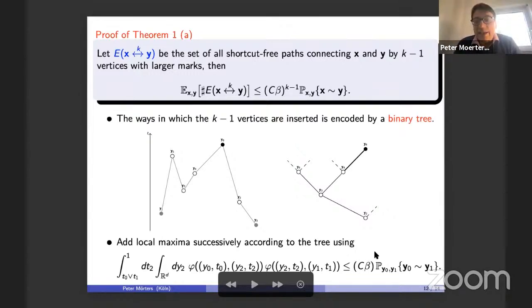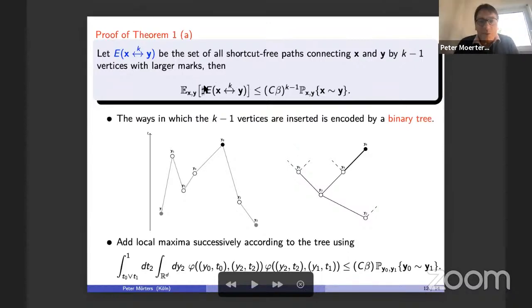A calculation tells you that this is less than or equal to a constant times beta times the probability that the two endpoints are connected. And this is a calculation that only works if gamma is less than delta over delta plus 1. If this is not satisfied, you can still calculate this double integral, of course, but you get another right-hand side, and this would not allow you to get this useful tool.